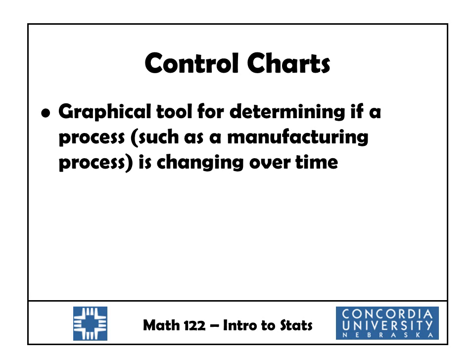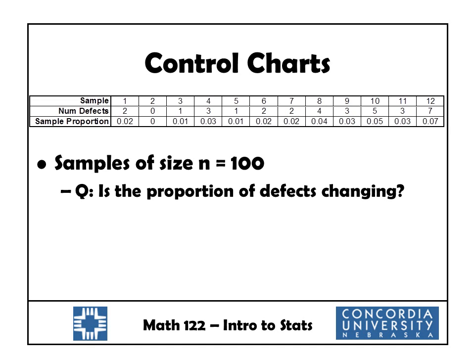Chapter 14, we looked at this idea of control charts. A control chart is a graphical tool for determining if a process is changing over time. Now, one example we looked at was this dealing with these light bulbs where we tested each batch, found the number of defects, and the question we asked is the proportion of defects changing? Is it increasing? Is it decreasing?